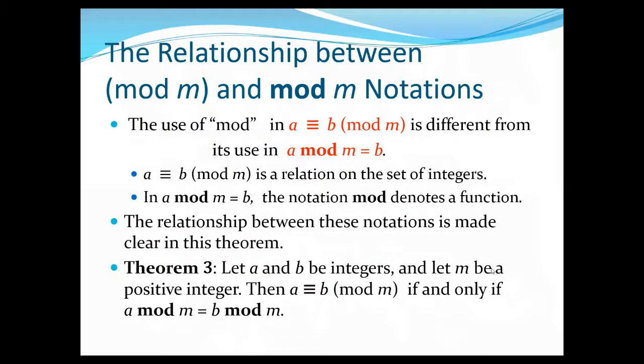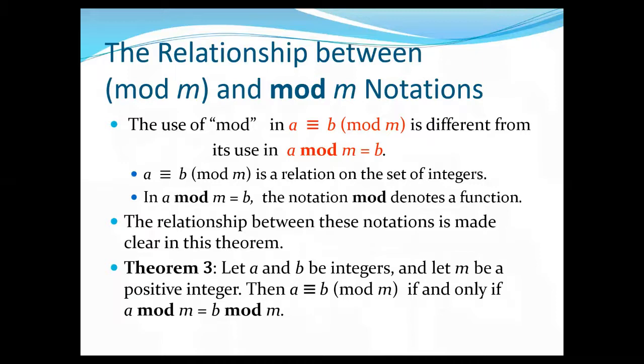Now, don't forget this mod m is different from this mod m, because this mod m refers to a relationship, congruency, while the other mod m is a function that determines the remainder.